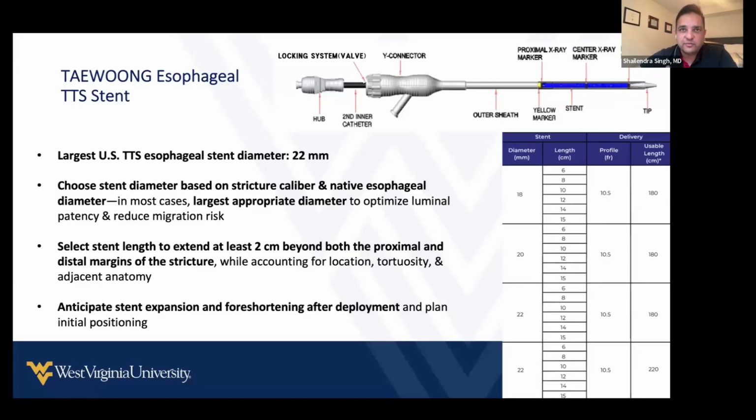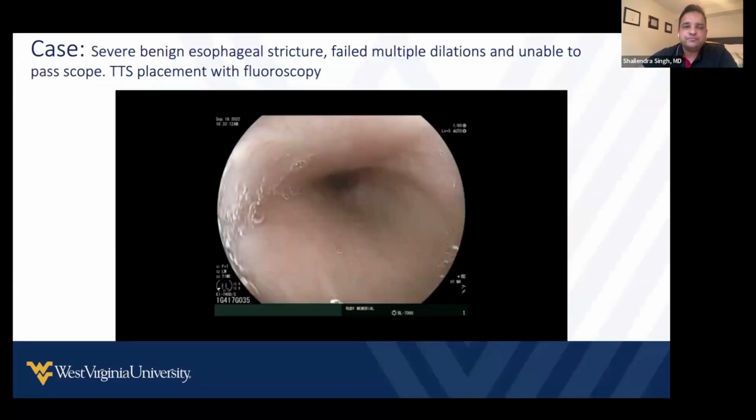So although initially it might look like the stent extends much beyond the stricture, over a period of time the stent will expand and foreshorten. So usually when these stents are fixed, let's say if I fix a stent in the esophagus with esophageal suturing or even with an over-the-scope clip, the foreshortening usually happens on the distal end. So I think this is something to keep in mind.